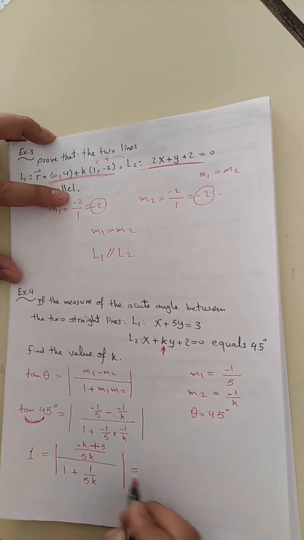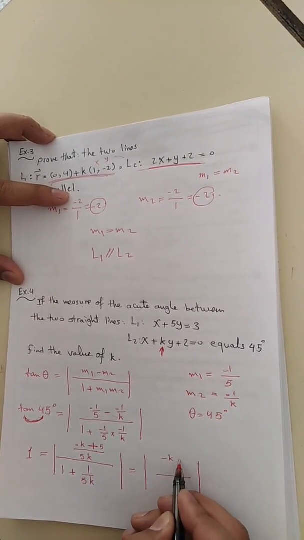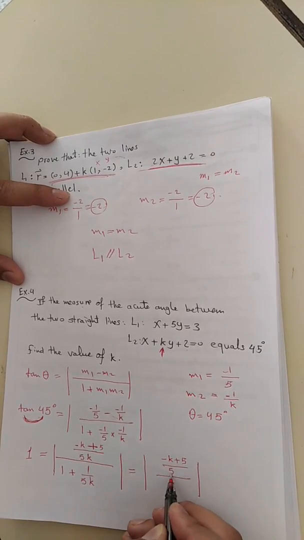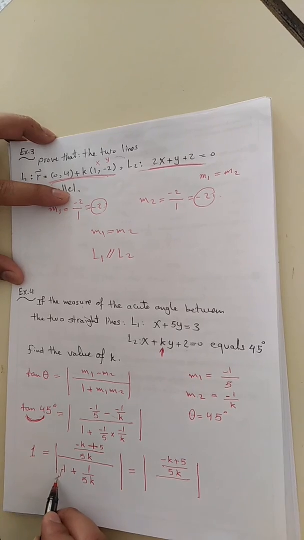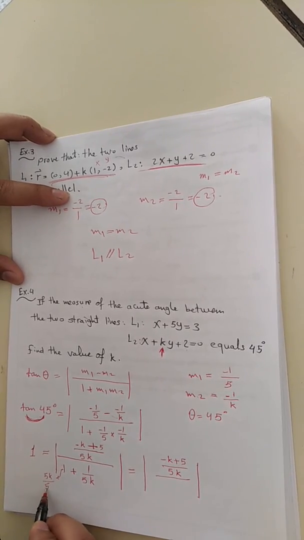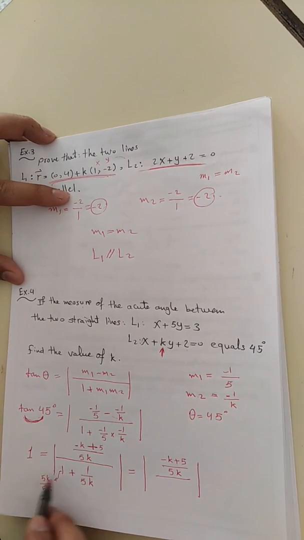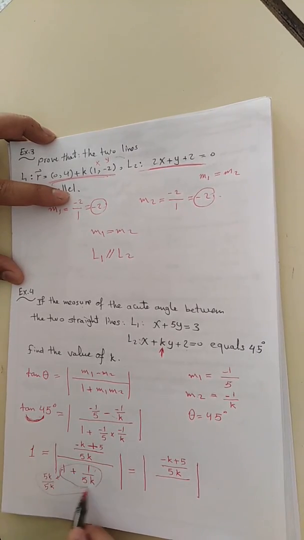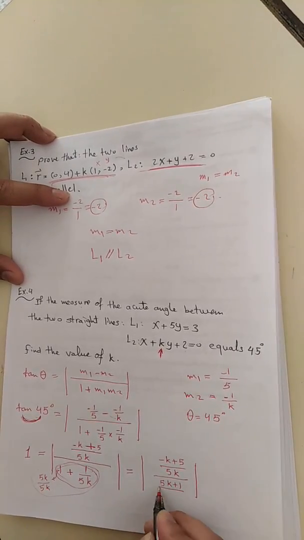Okay, let's compute. Negative k plus 5 over 5k, and we can write this 1 as 5k over 5k also. Then this expression will be 5k plus 1 over 5k.